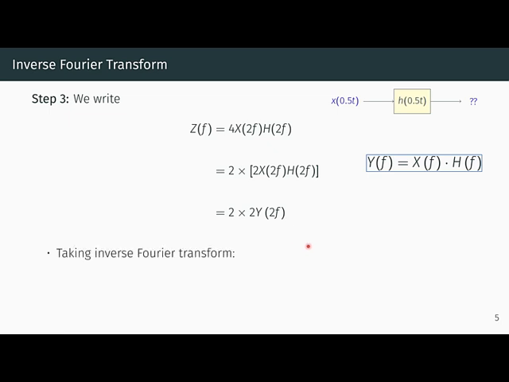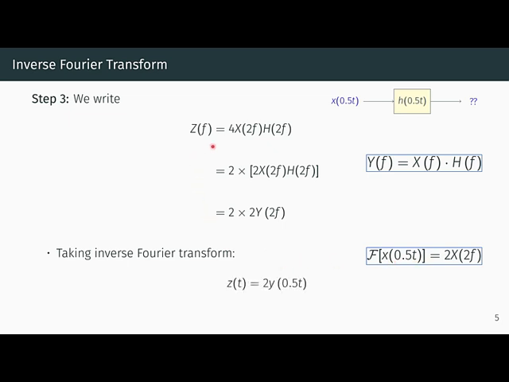Now let us take the inverse Fourier transform. Before we do, again recall that the Fourier transform of x(0.5t) is 2 times X(2f). In a similar fashion, we have a Fourier transform like 2 times Y(2f). So what will happen if we take the inverse Fourier transform? 2 times Y(2f) should give you y(0.5t), because we are using the time scaling property.